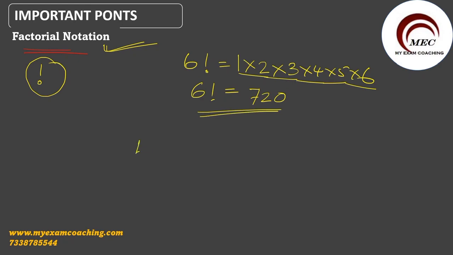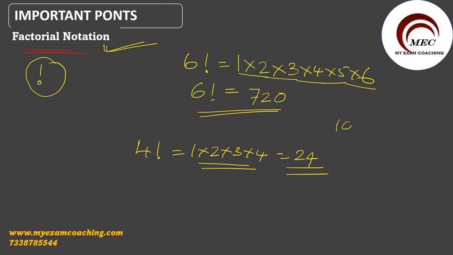For example, we want 4 factorial. 4 factorial means 1 into 2 into 3 into 4. So 1 2s are 2, 2 3s are 6, 6 4s are 24. So 4 factorial means 24. To find the factorial of any number, we have to multiply all numbers from 1 to that number.